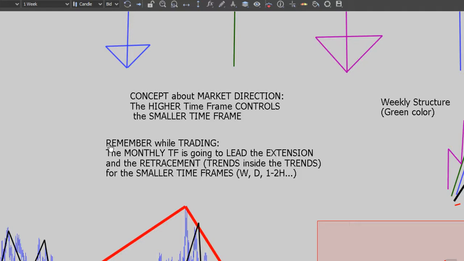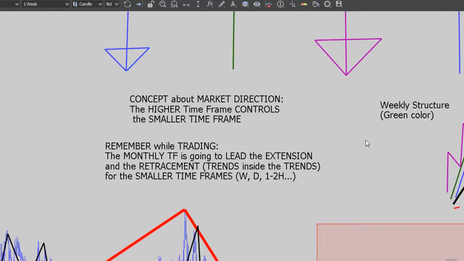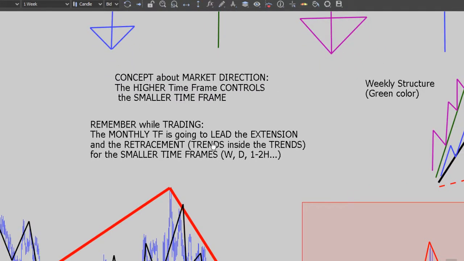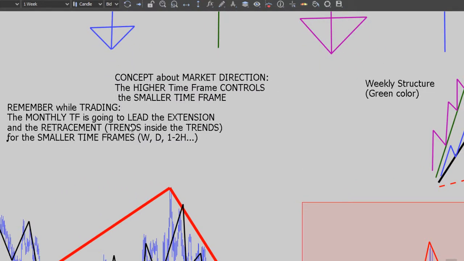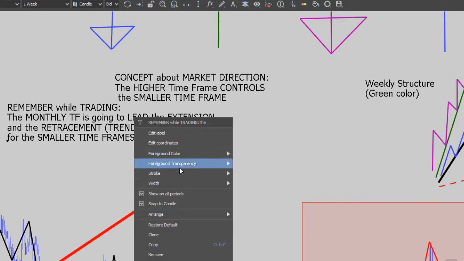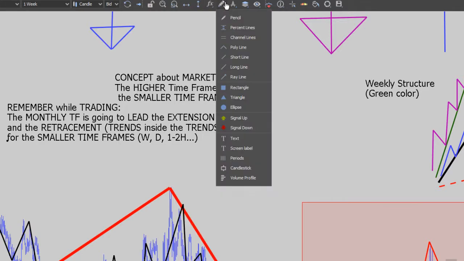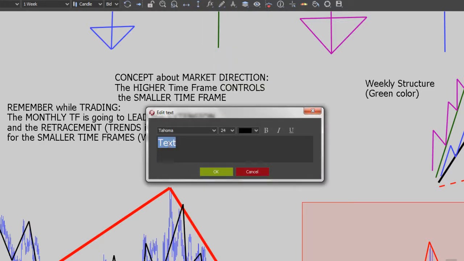The higher time frame controls the smaller time frame. Okay? And remember, while trading, the monthly time frame is going to lead the extension and the retracement trends inside the trends for the smaller time frames. Right? Okay? Now, if you want to cross-reference everybody, we need to write some more things here. So it goes like this.